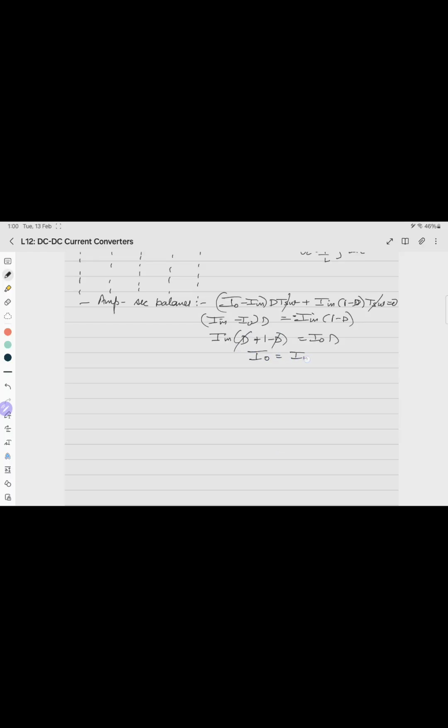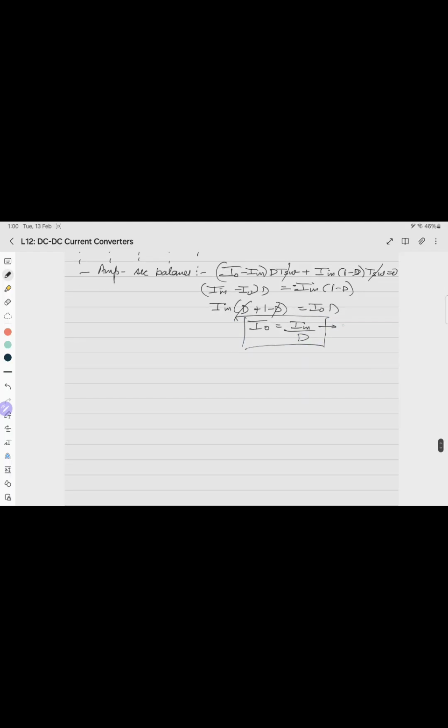So I0 is IN by D. So it is a current boost converter.